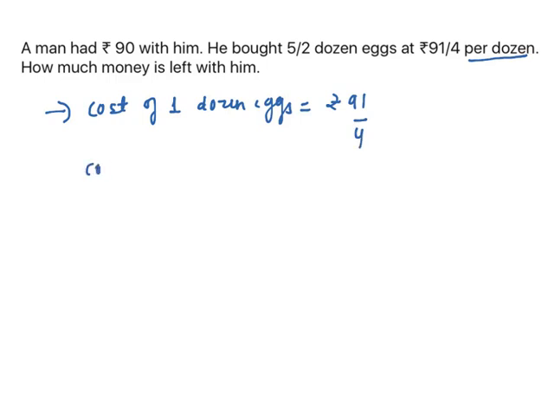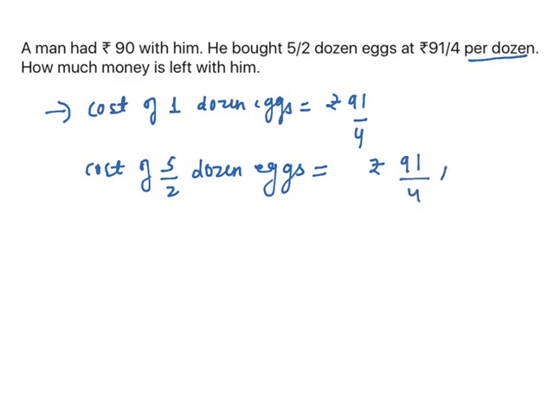So the cost of 5 by 2 dozen eggs will be how much? We have the value for 1 and we have to find the value for many, so we will multiply. So it will be rupees 91 by 4 times 5 by 2.